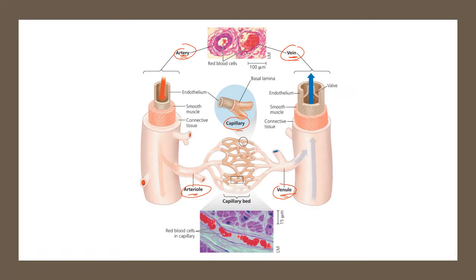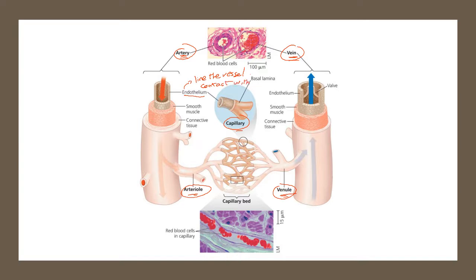Let's talk about the artery really quick. It has an endothelium, okay? The endothelium is going to be a layer of cells that is very thin. What it's going to do is line the vessel.